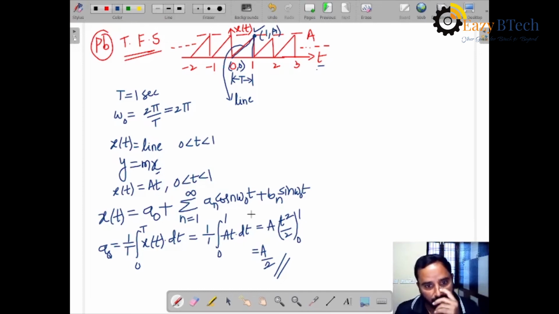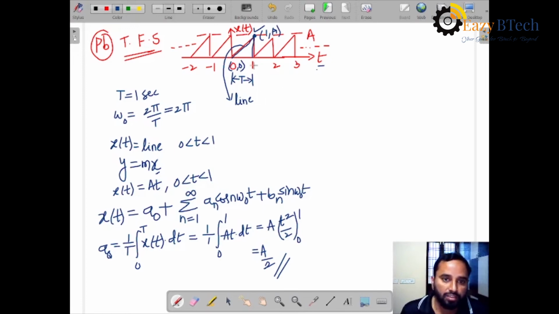You can find this average value directly. The integration of x of t dt from 0 to T means the area of x of t from 0 to T. After that area, we divide by its time period, and then we get a naught. This is another way of doing a naught.